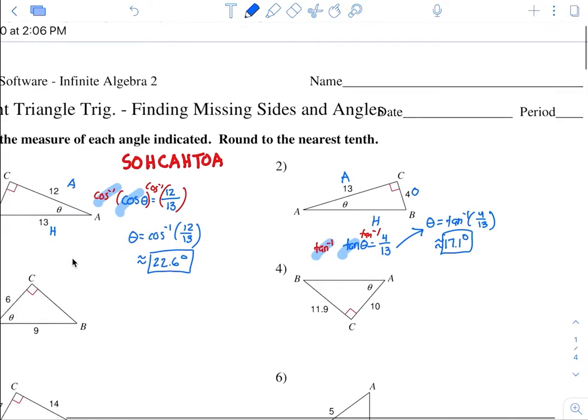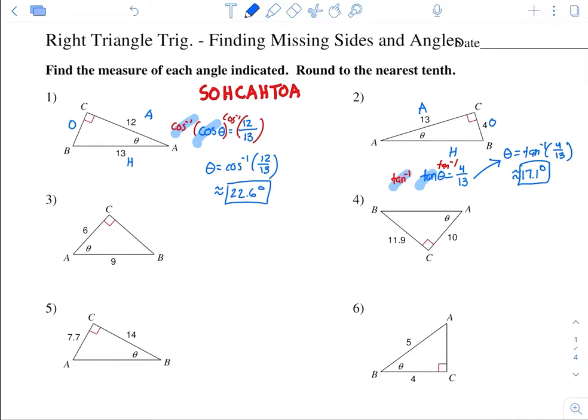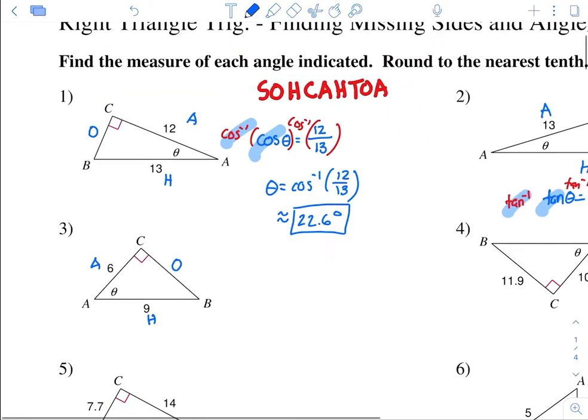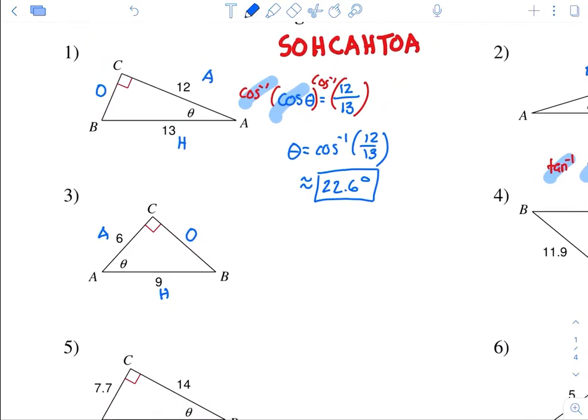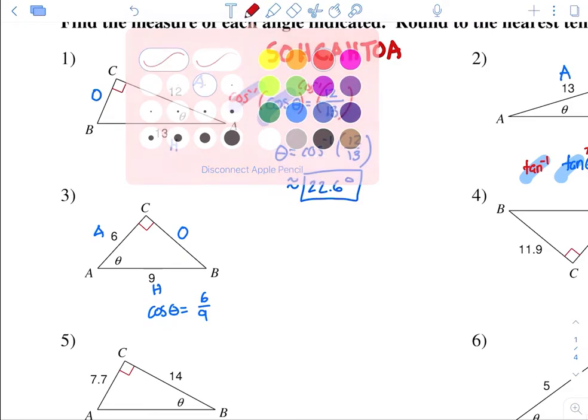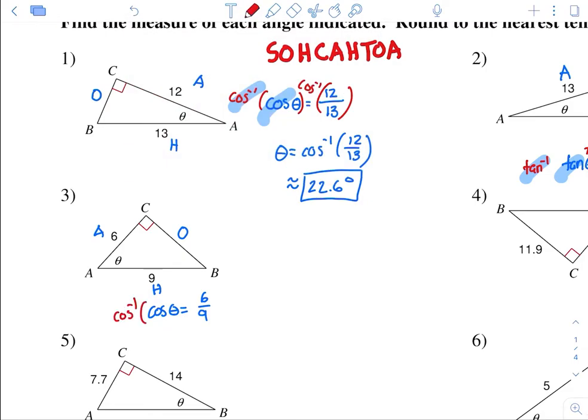Okay. Number 3. In the perspective of this angle, this side is the opposite, this side is adjacent, and this side is the hypotenuse. There's information at A and H, which means I'm going to be using cosine. So cosine of theta is equal to 6 over 9. Take the cosine inverse of both sides.